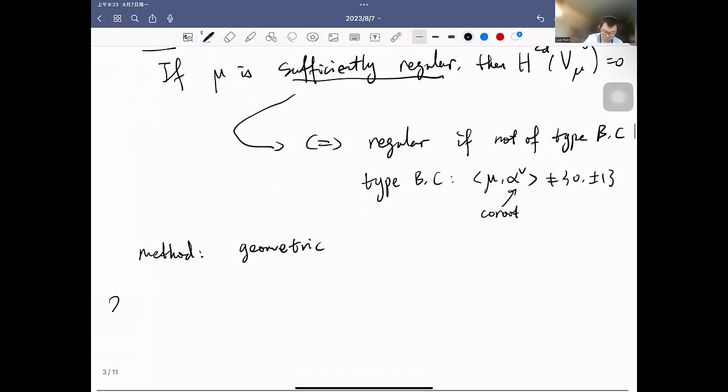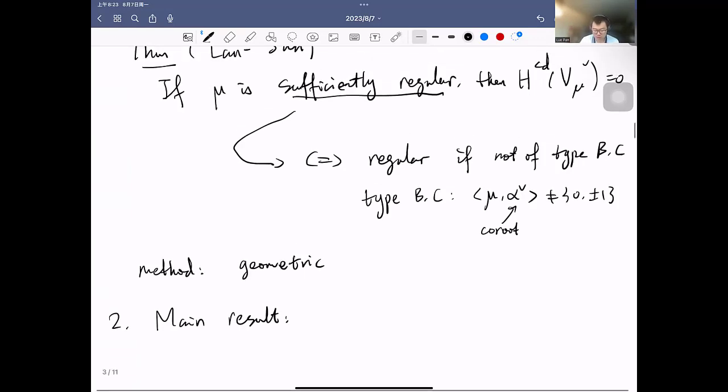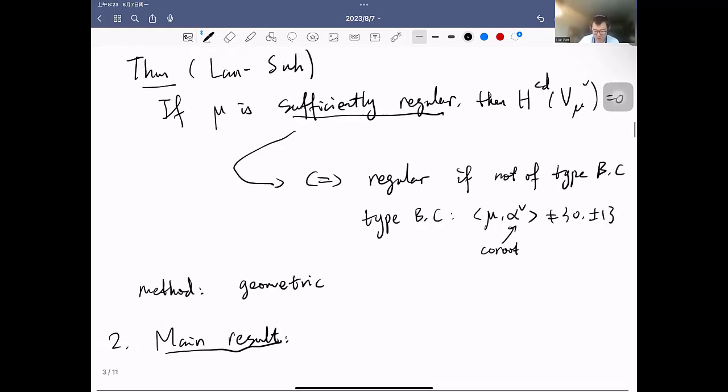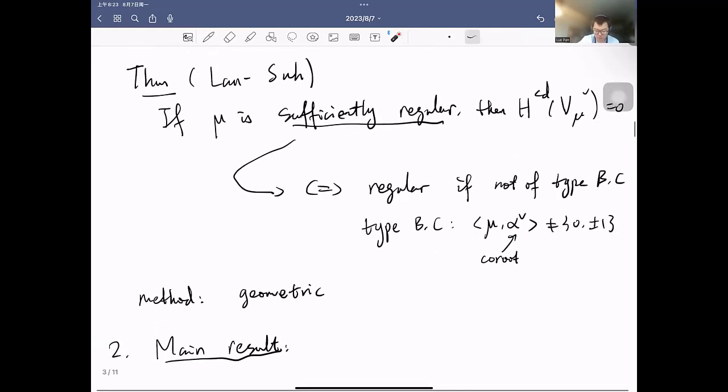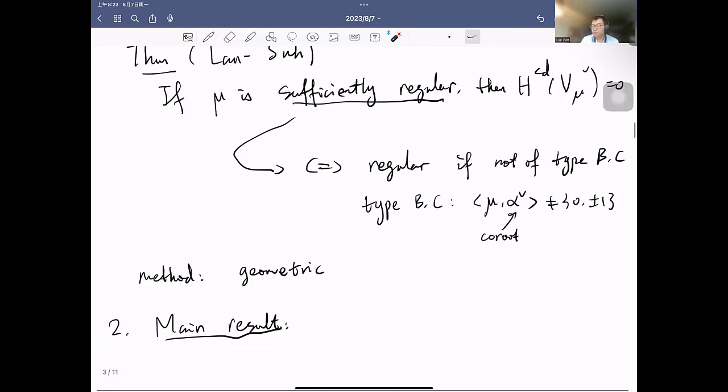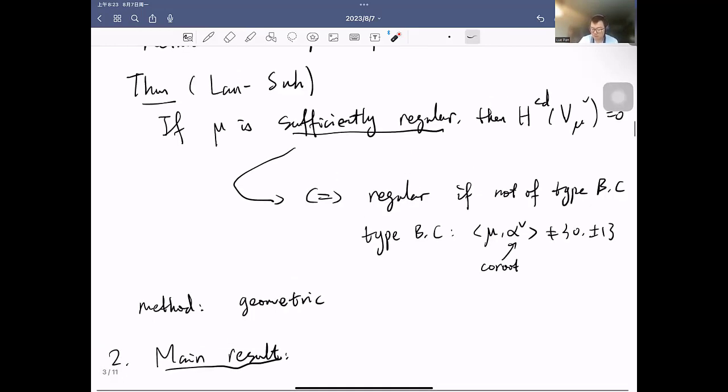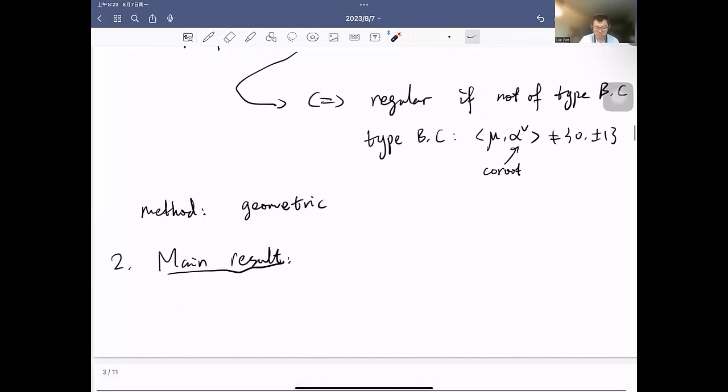Now let me try to state the main result. As I mentioned, it will be a very similar result to this theorem, but for completed cohomology. First, I need to tell you what completed cohomology is.